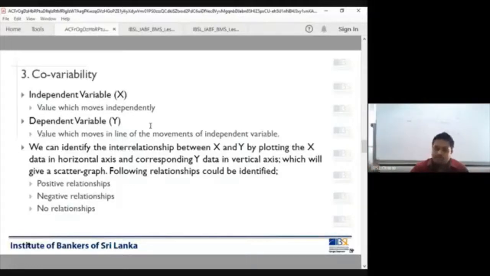So in our class example of weights and heights, indirectly what I'm trying to imply here is that a student of 35 kilos, do you think he can have a height of 6 feet and 6 inches or 6 feet and let's say 8 inches? It's difficult, isn't that so?